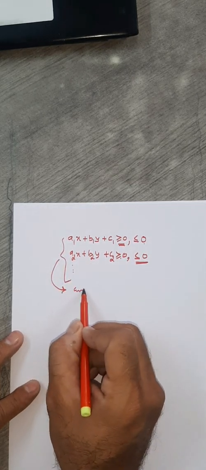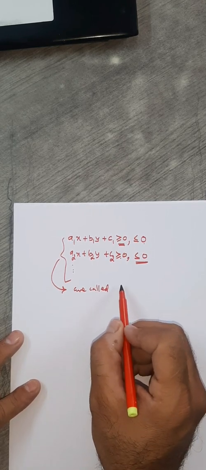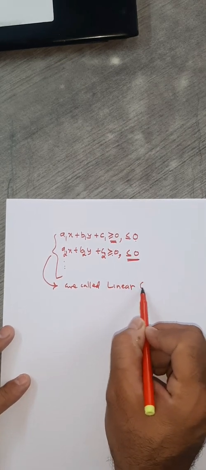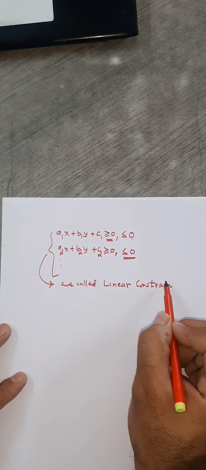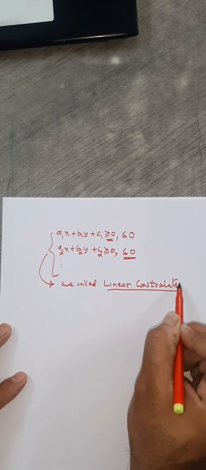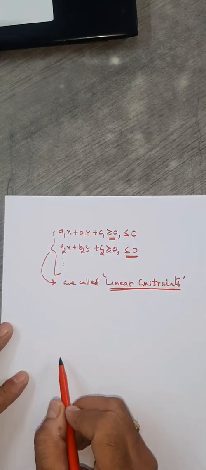So these are called linear constraints. That means conditions. Constraints means conditions.